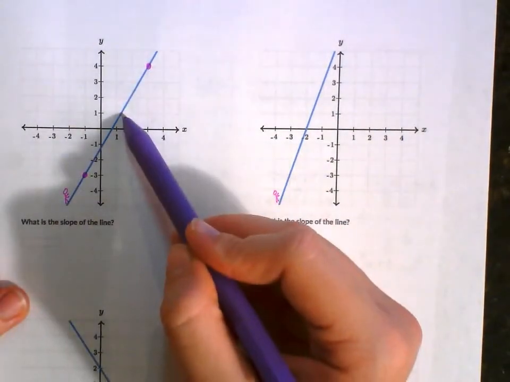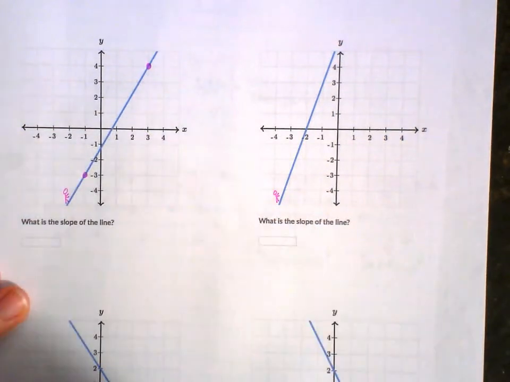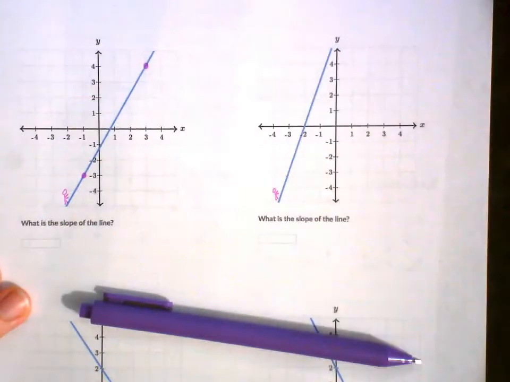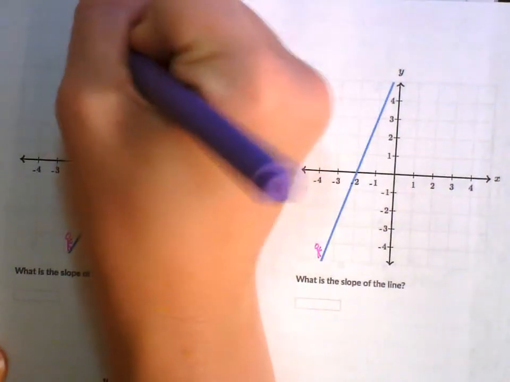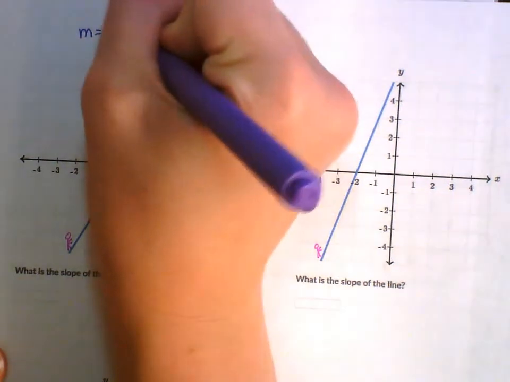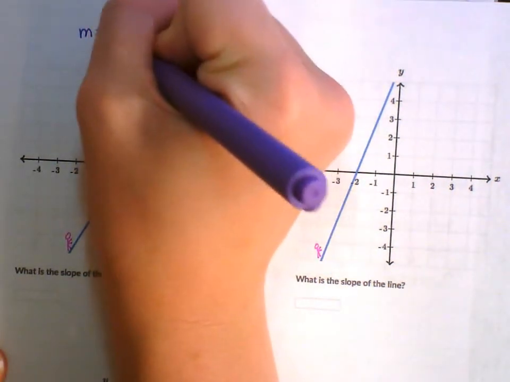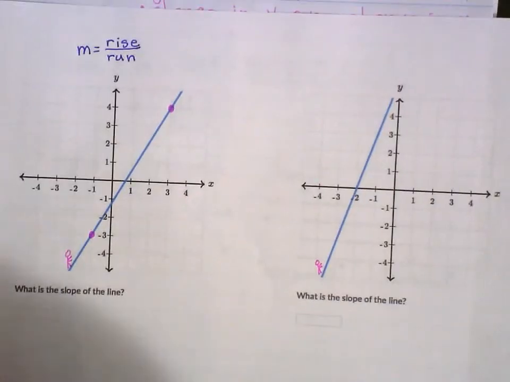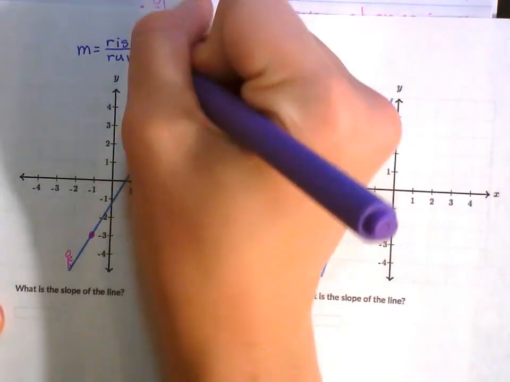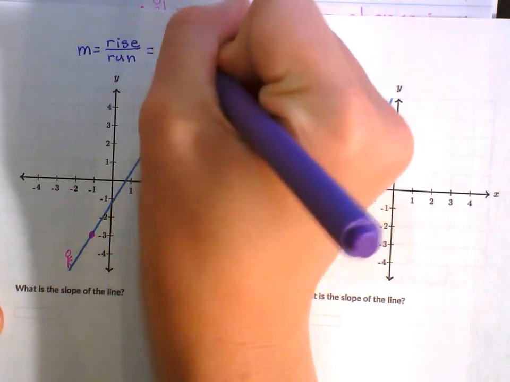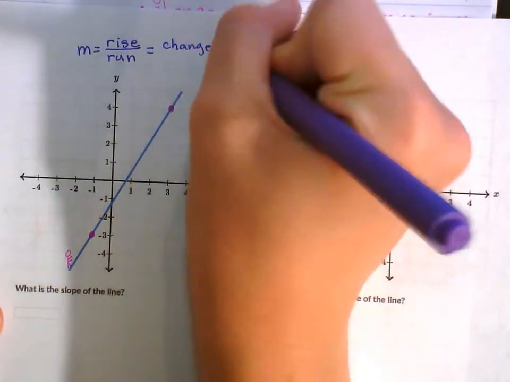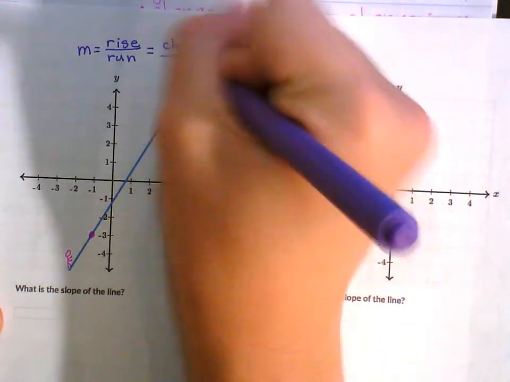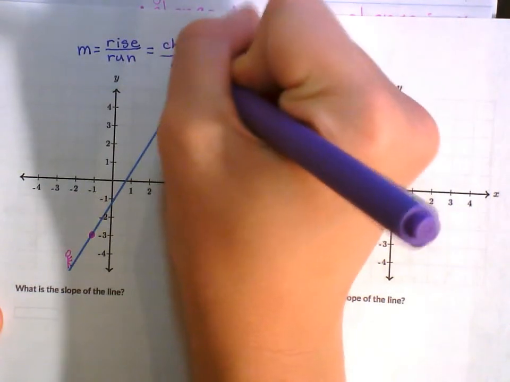Don't pick points where it doesn't go through that little graph paper. Now, rise over run. So remember, slope. Rise over run. So rise, how much the y is changing, over run, how much the x is changing. Rise over run, or change in y over change in x.